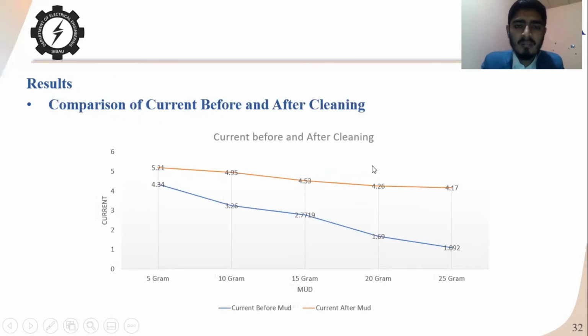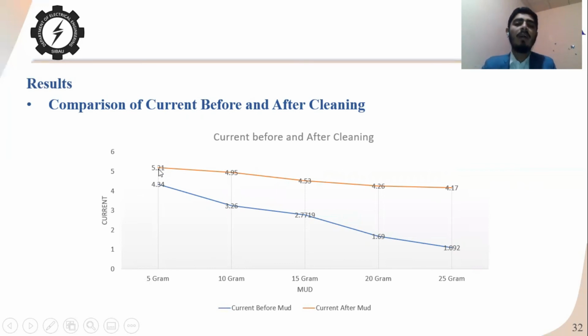Comparison of current before and after cleaning. You can observe from this graph that whenever there is a reduction of shadow by removing the mud from the panel, the current has increased. At 5 gram of mud, the current is 4.34, and when we removed the mud, it increased to 5.21 amperes.